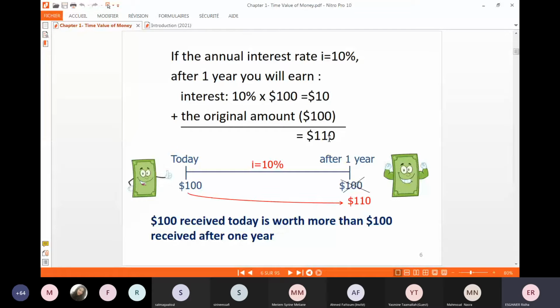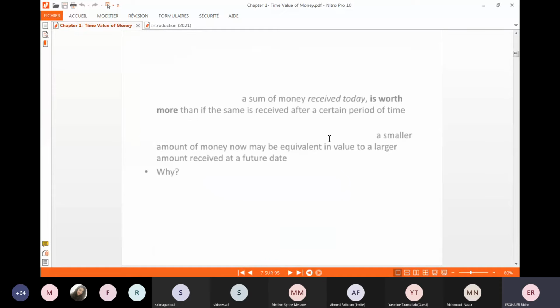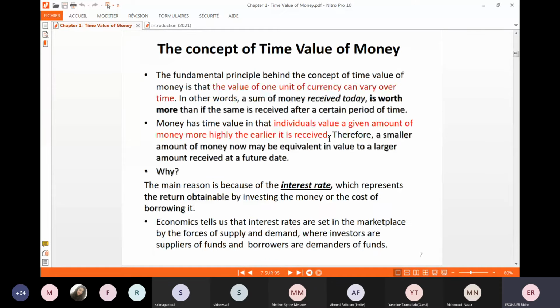The principle behind this concept of time value of money is that the value of 1 unit of currency, $1, 1 dinar, etc., can vary over time. It's not the same over time. $1 today is different from $1 that we will receive 6 months from now or 1 year from now.